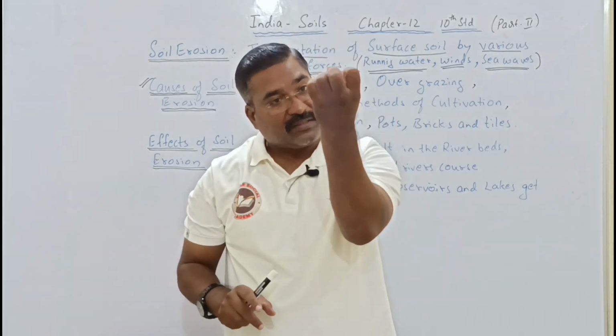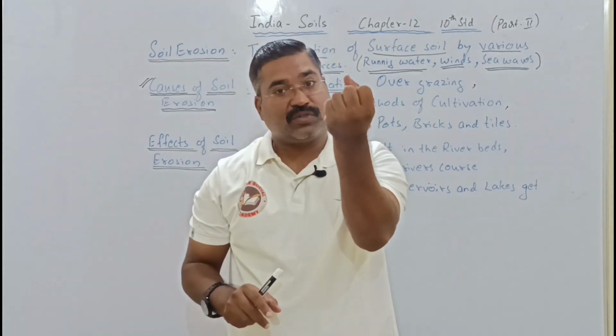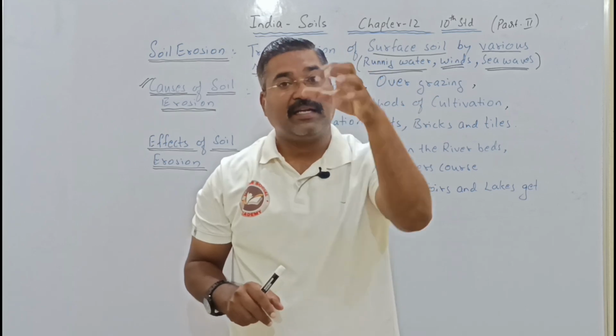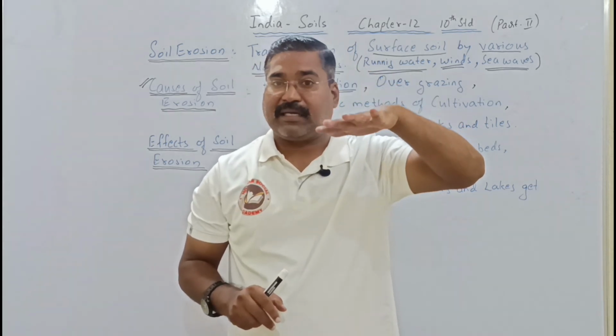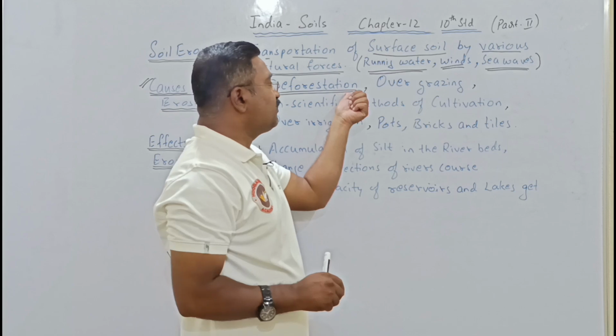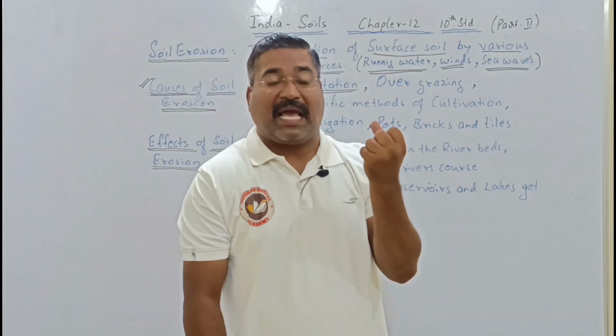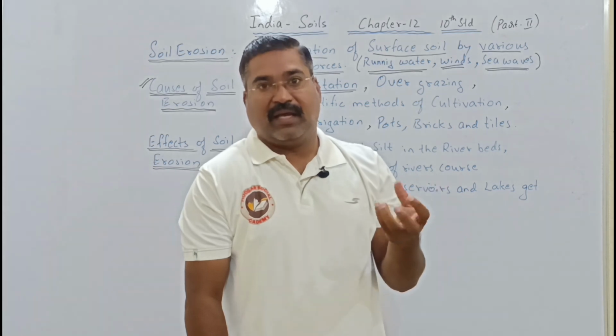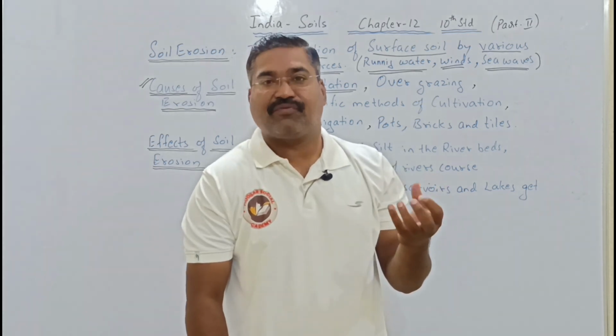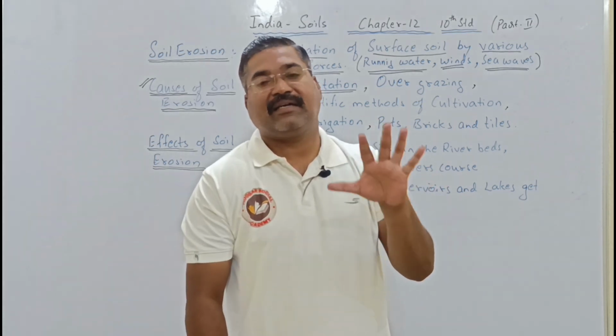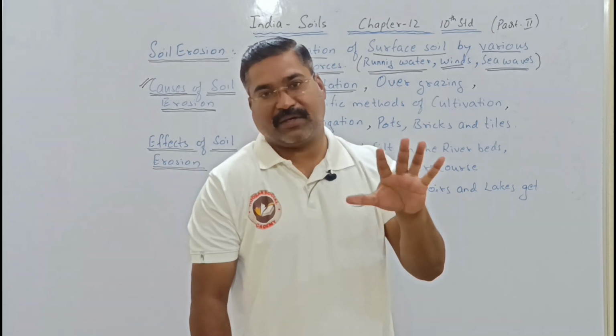The roots keep the soil tight, so the soil remains there itself. But if deforestation is done, we make the tight part a loose part, and loose soil does not remain stagnant at that particular place.